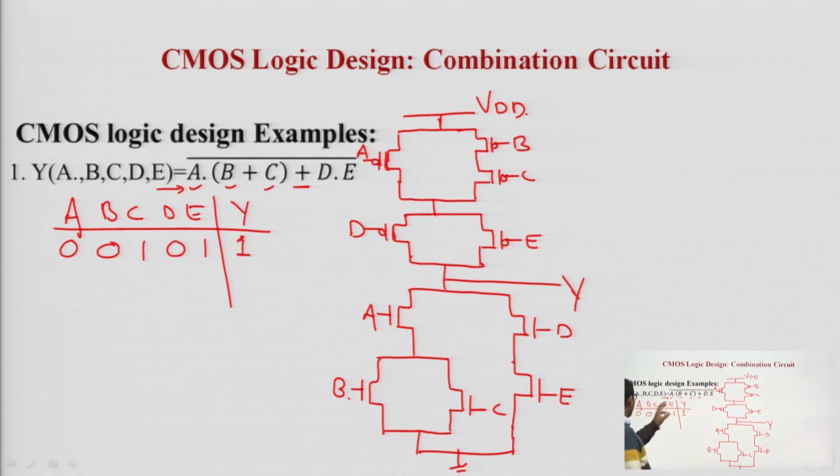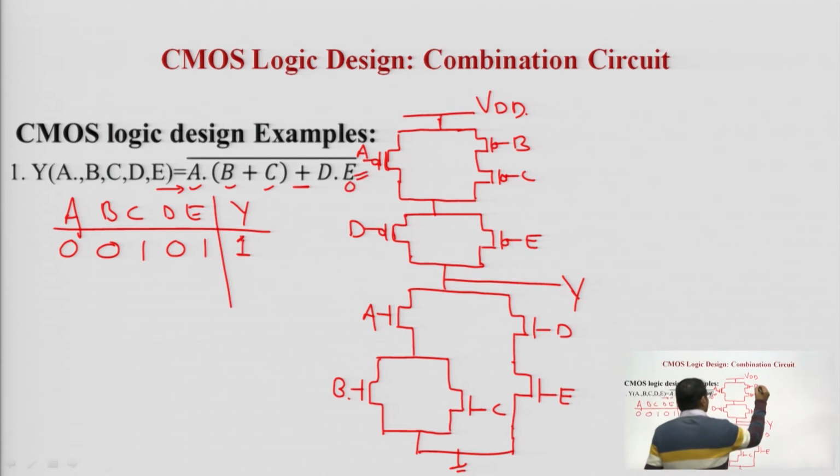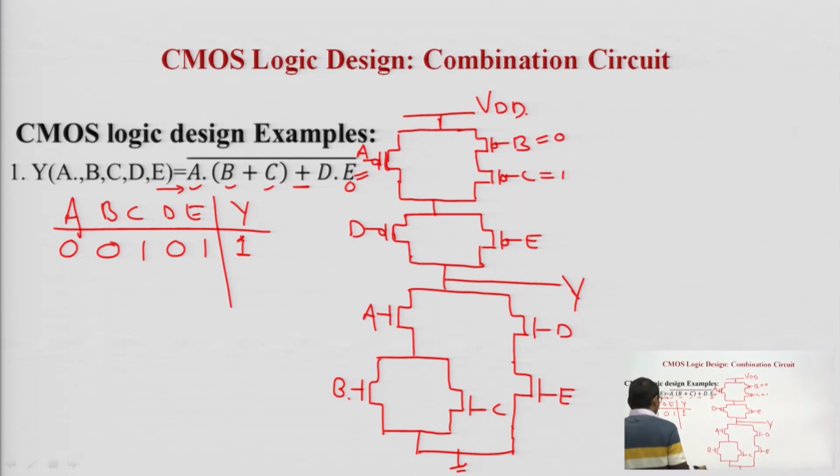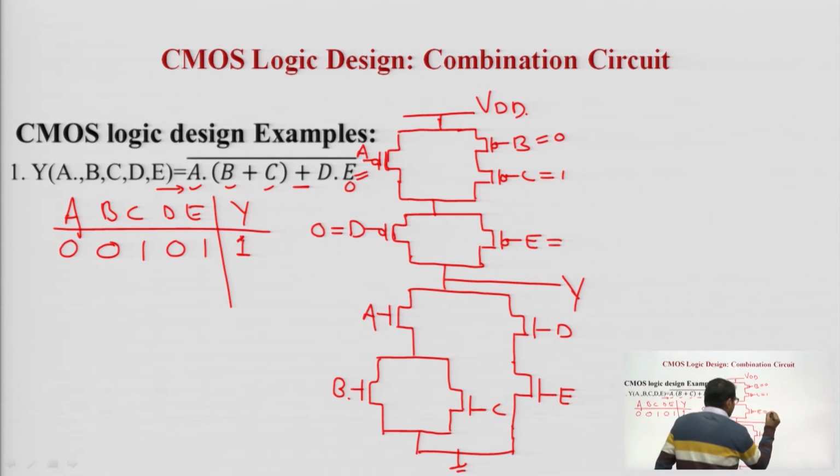If we put A as 0, 0 dot anything is 0, D is 0, 0 plus 0 or 0 is 0, and its complement comes as 1. So we put here A is 0 for PMOS, B is 0, C is 1, simple, D is 1.